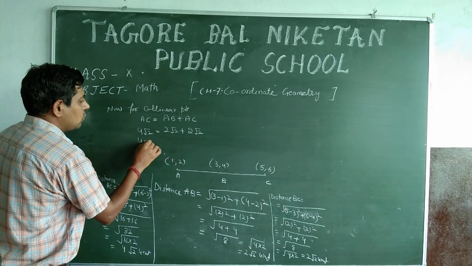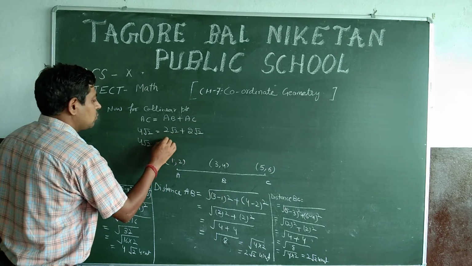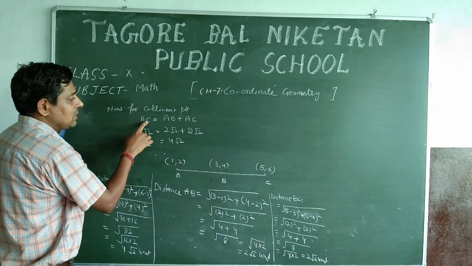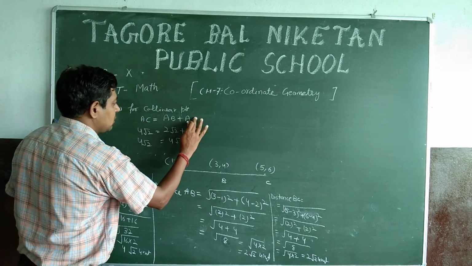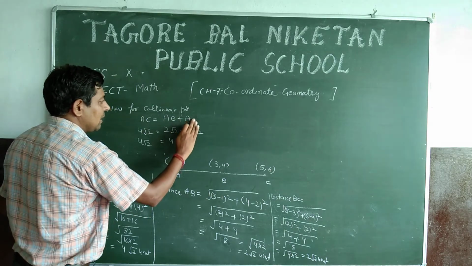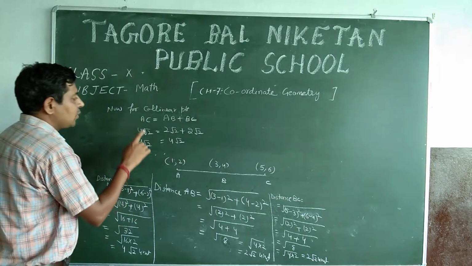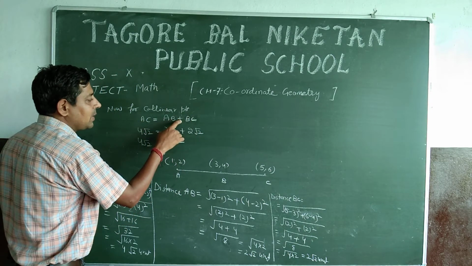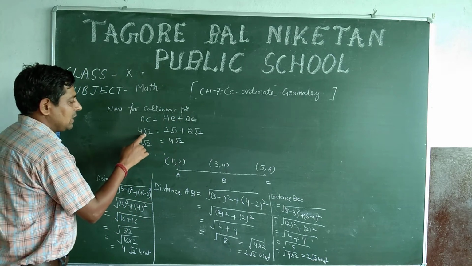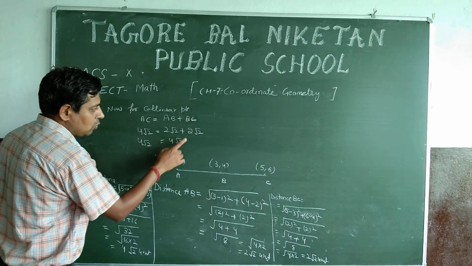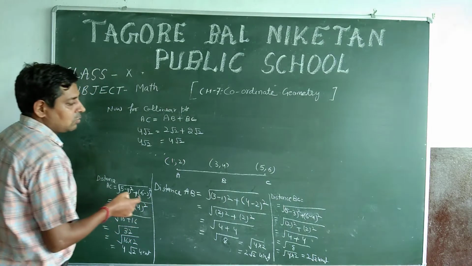So 4 root 2, 2 root 2 plus 2 root 2, 4 root 2. So we can say that AC equal to AB plus BC. So AC equal to 4 root 2, AB equal to 2 root 2 and BC again equal to 2 root 2.